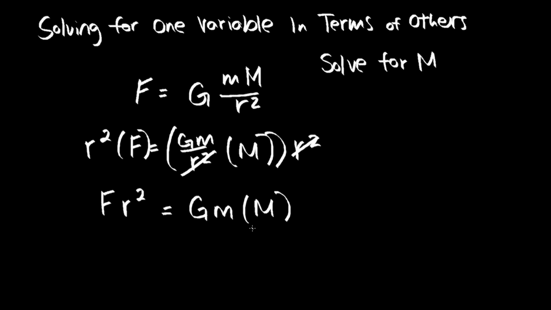So the next thing we do is, M is being multiplied by this quantity G, whatever it is, and if it's getting multiplied by something, let's just divide to get rid of it. And this completely gets rid of that. We have M by itself. This is exactly what we want, capital M. And as always, if we do it on one side, we do it on the other.